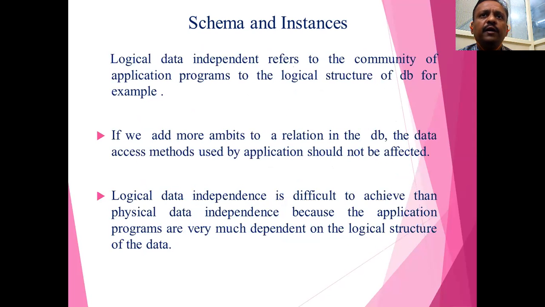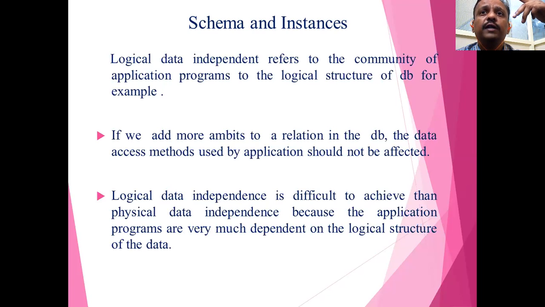Logical data independence refers to the community of application programs relative to the logical structure of a database. Community means there are two levels. At the logical level, there are different types of programmers who are going to change the data.